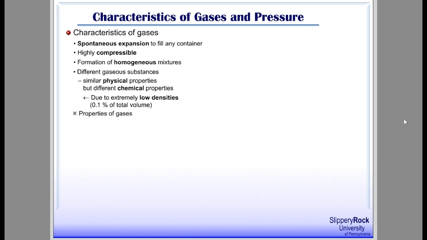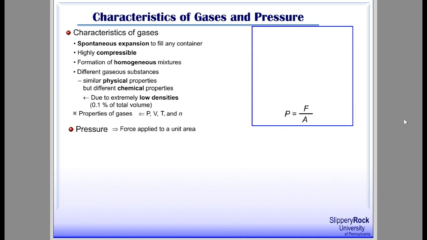The properties of gases can be described by pressure, volume, temperature, and number of moles. Pressure is the force applied to a unit area. This conceptual definition of pressure can be expressed mathematically as force divided by area, or F over A.